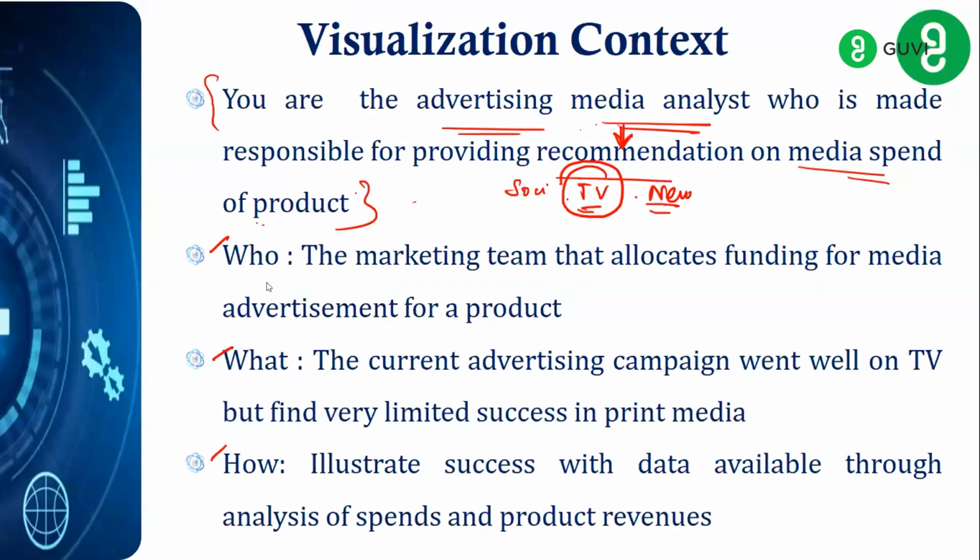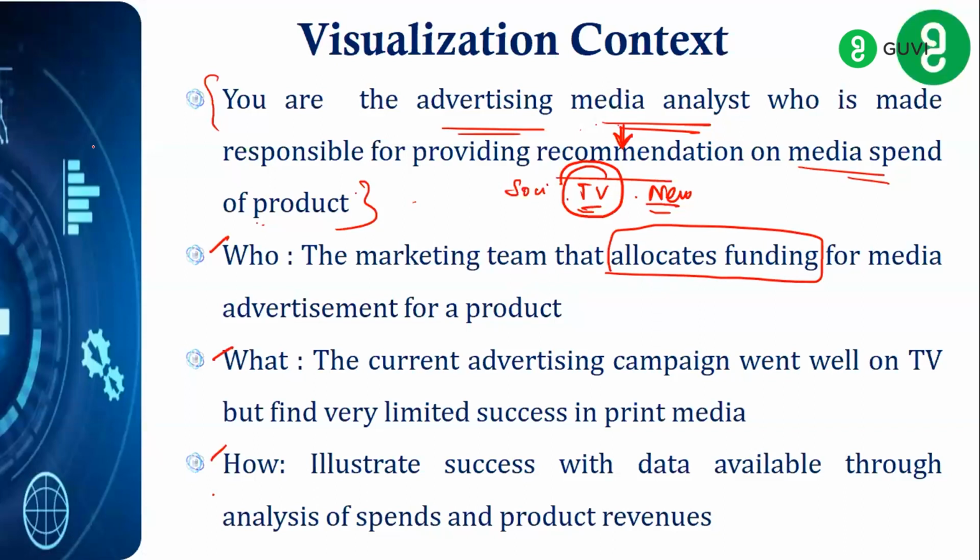Who's responsible? Your audience should be the one who has the rights to allocate fund. In this scenario, your audience should have the rights to allocate the fund. Yes or no? You can fix any other name. That is not a matter here.